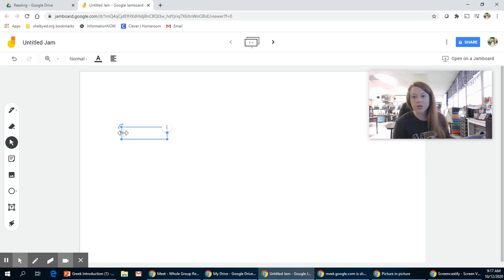Our vowels are A, E, I, O, U. When there's an R after the vowel, the R is bossy and it takes control of the vowel sound and makes the vowel sound not long or short. So it's going to be a vowel and R, and it's going to have the sound in it. Our bossy R is going to be ER, IR, and UR.